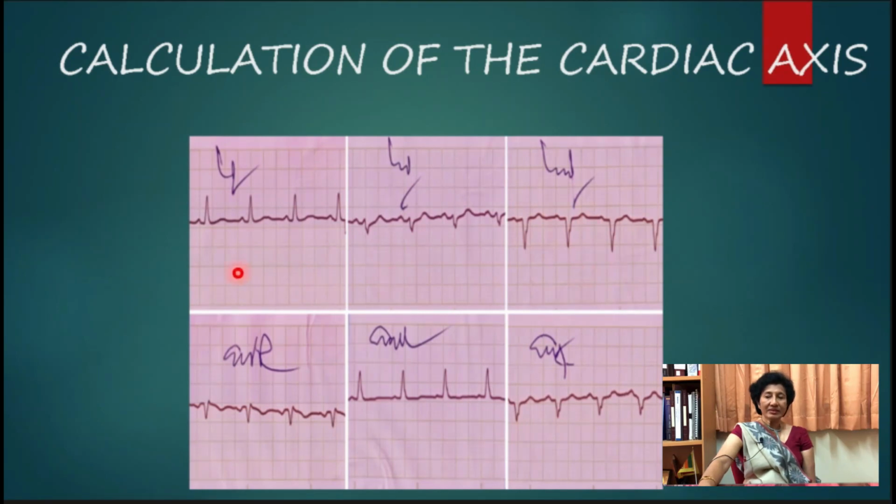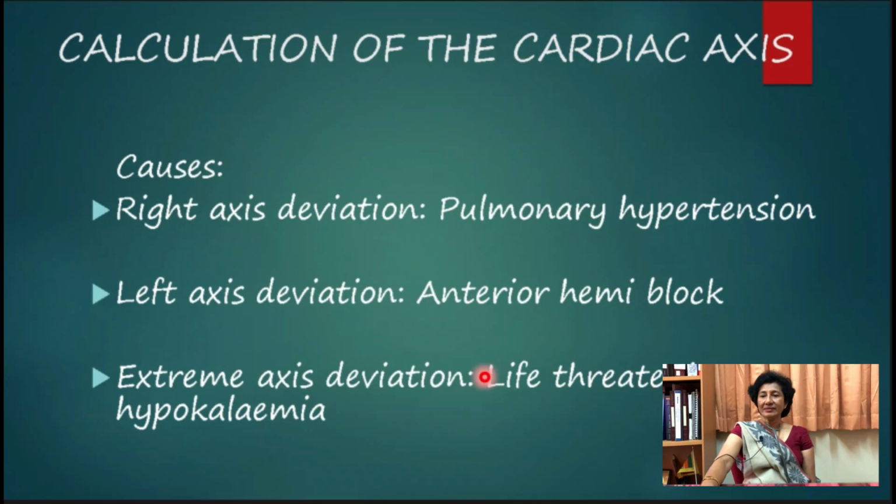So that means in lead 1 and lead 3, the QRS vectors are leaving each other. In the presence of negative polarity in lead 2 and a leave-in pattern of QRS vectors in lead 1 and lead 3, that patient has left axis deviation. Now, let's see what are the causes of abnormal cardiac axis.